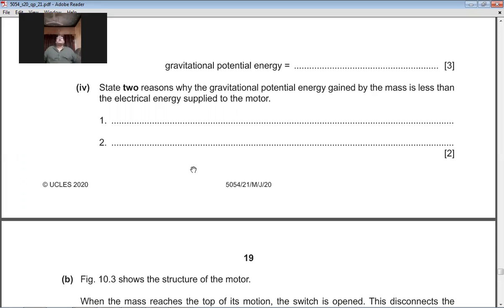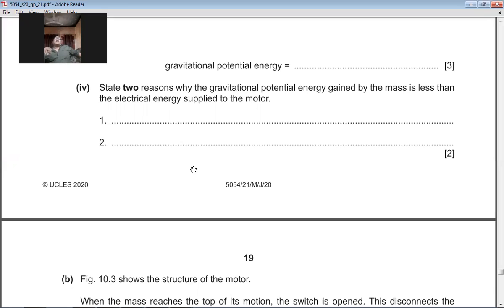For example, the motor has to lift the weight of the rope also. That's wastage, because we have not calculated it in the gravitational potential energy. So one reason might be that the motor has to lift the weight of the rope also.